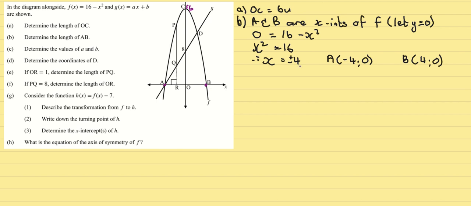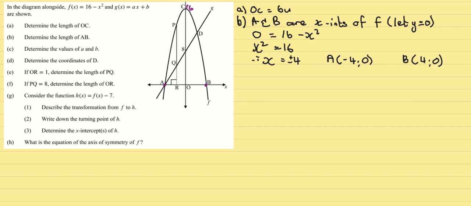So now to determine which is which, we have to look at our function and see, is A positive or negative 4, and is B positive or negative 4? Because A is on the left hand side of your origin, that would be negative 4, and because B is on the right hand side, that would be positive 4, and so we have the coordinates of those 2 points.